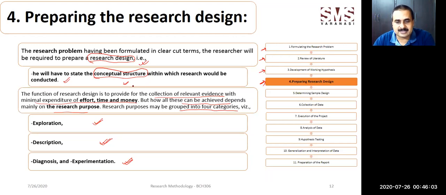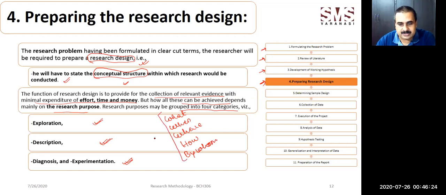This research design covers some basic questions like what, when, where, how, and by whom. And to cover all these basic questions, we use exploration, description, diagnosis or experimentation. So these are the 4 basic research design types.